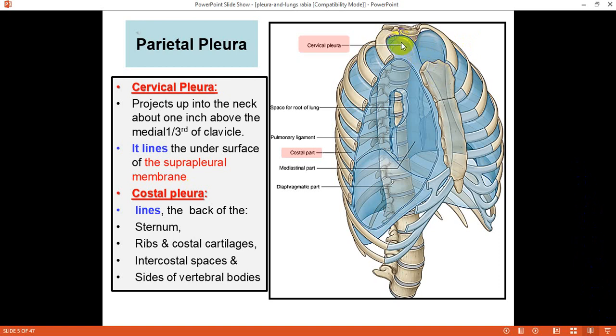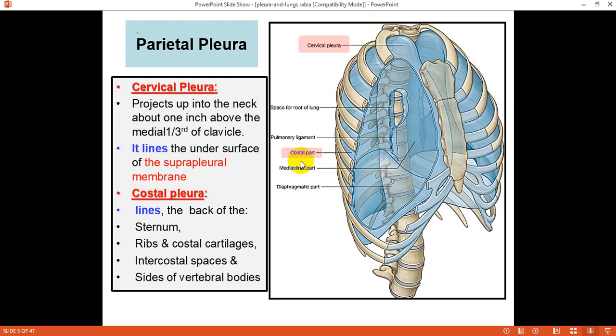And the Sibson's fascia is attached posteriorly on the transverse process of C7 vertebrae and anteriorly on the inner border of the first rib. On the lateral aspect of the thoracic cavity and the inner side of the thoracic wall, this cervical pleura is continued as costal pleura.